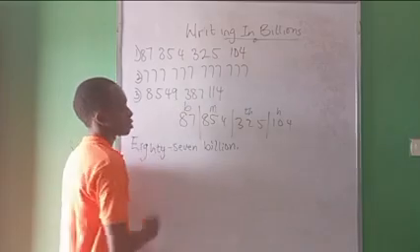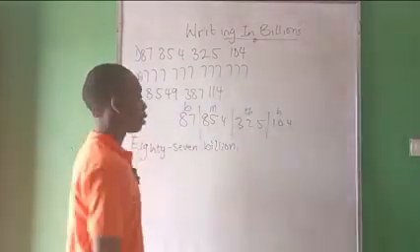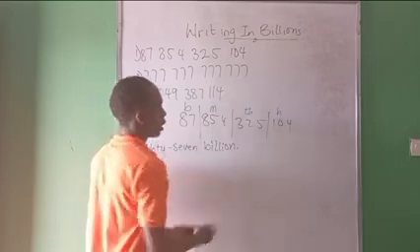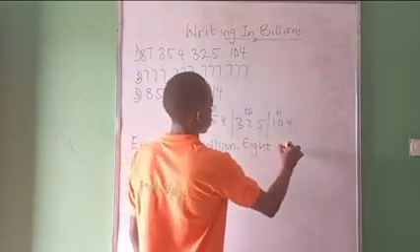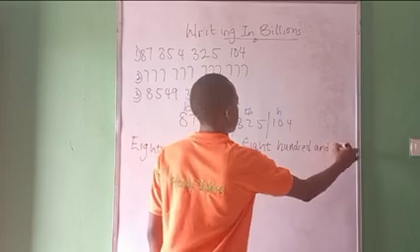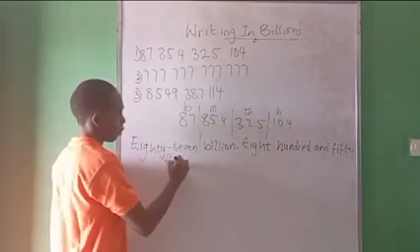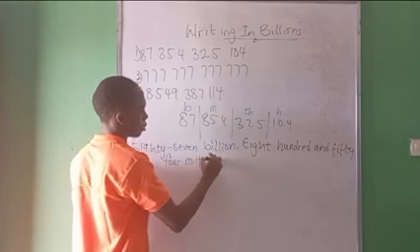We have 3 numbers. And what are they? 854. 854 million.